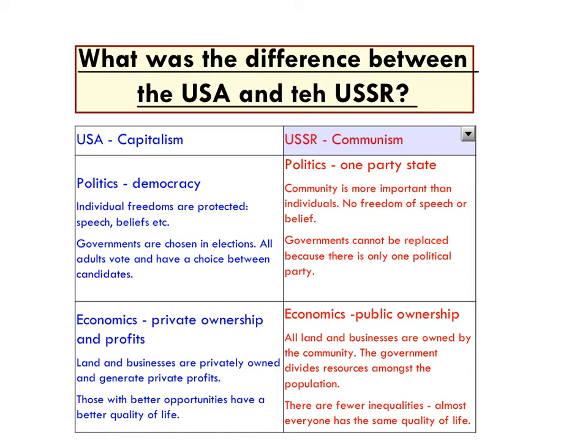When it comes to economics, there are also really important differences. In a capitalist country like the USA, there's private ownership and private profits. So you can own your house, you can own a business, and you can make profit from that business. Because people can have private earnings and private ownership, it allows some people to have very good opportunities.